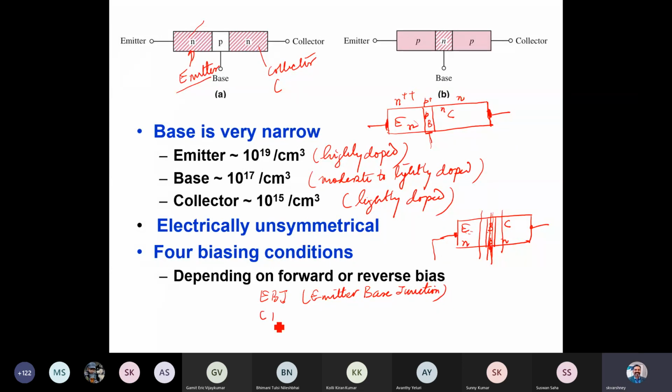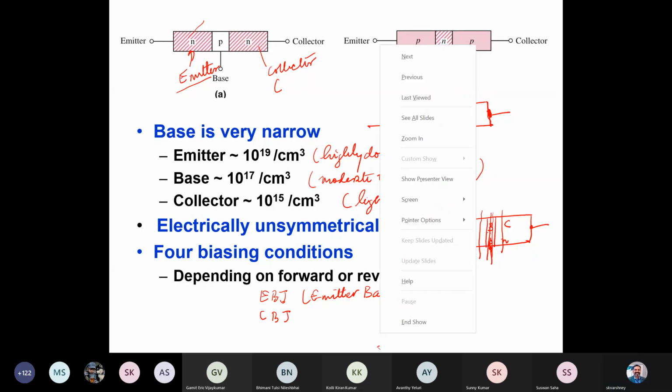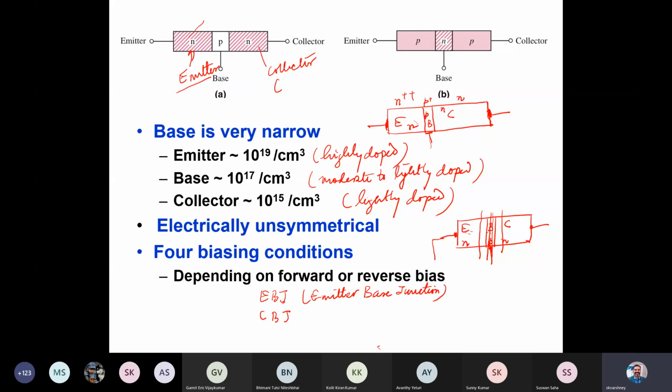As we understand through p-n junction theory, you get a space charge region, the depletion layer, at the two interfaces.